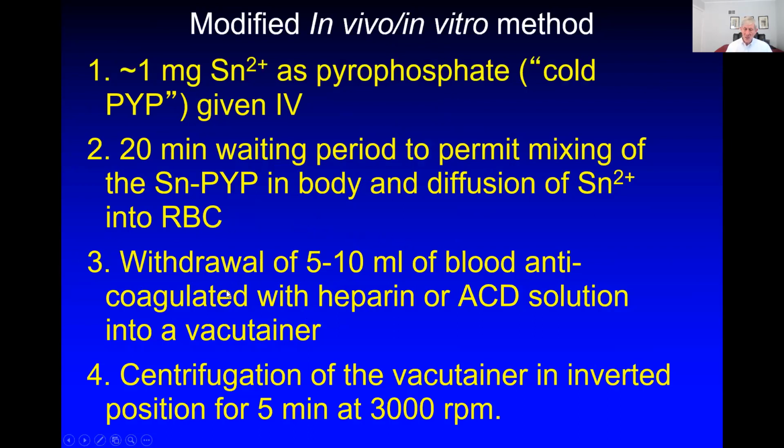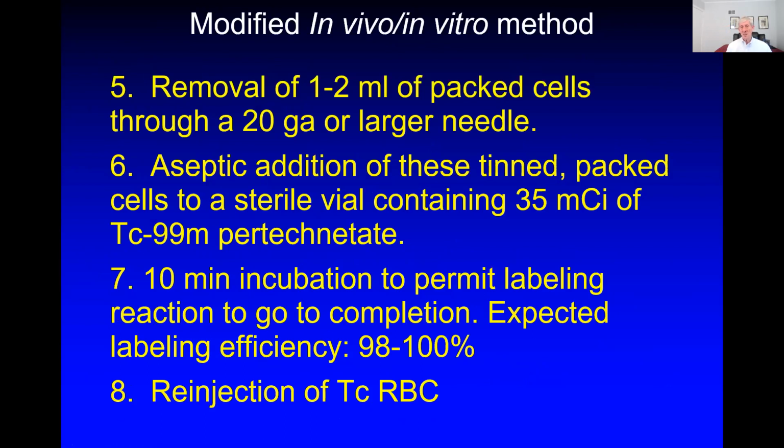We inject it into a centrifuge tube called a vacutainer. We just mix it gently and we put it stopper down, upside down in a centrifuge, and we spin it down for about 5 minutes. What that does is it packs the cells up against the rubber stopper.